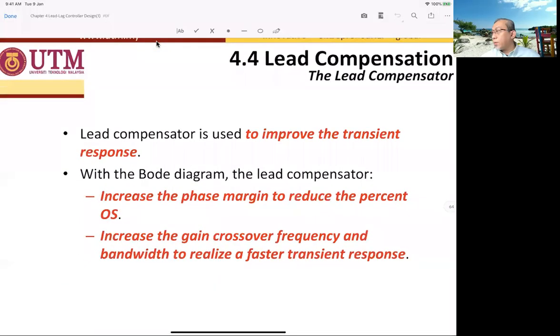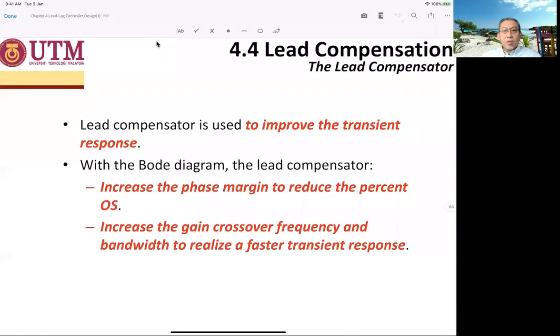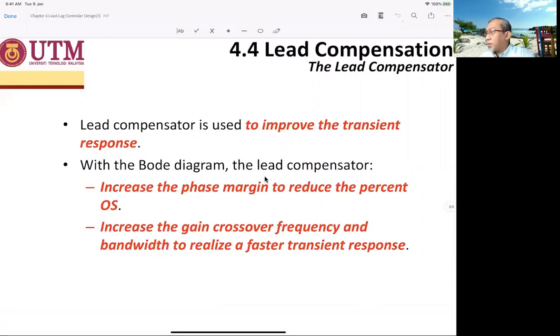You can see here with the bode diagram, the lead compensator will increase the phase margin and reduce the overshoot percentage, and at the same time it will increase the gain crossover frequency and bandwidth to realize a faster transient response.